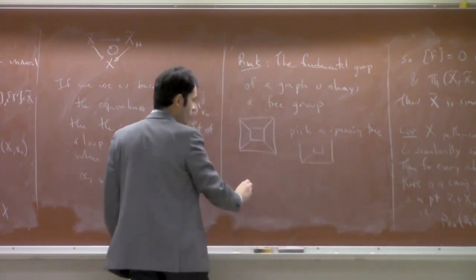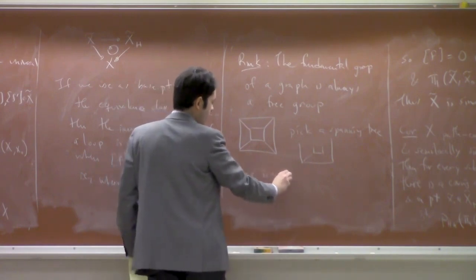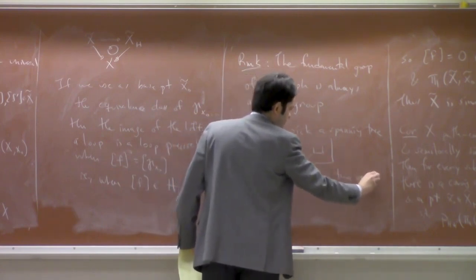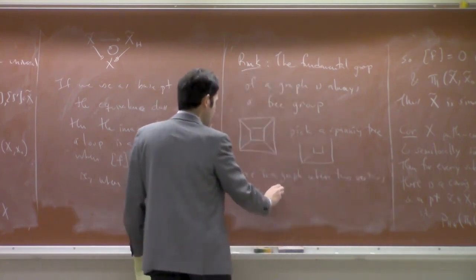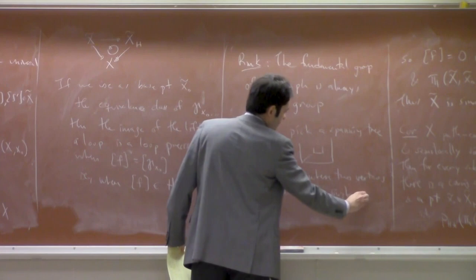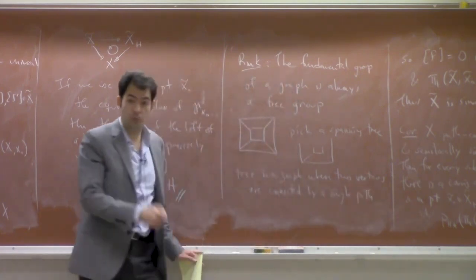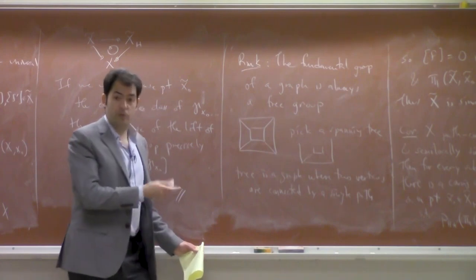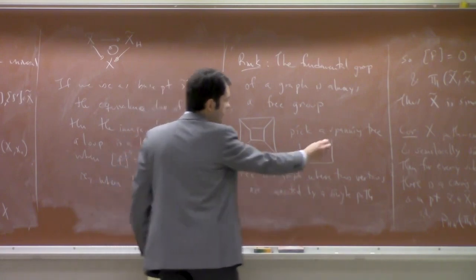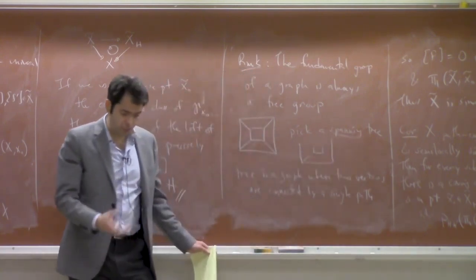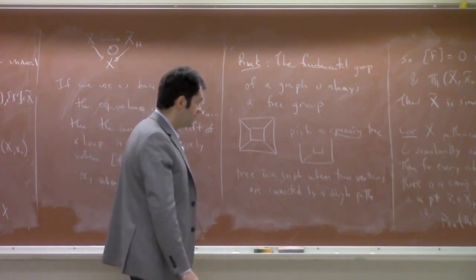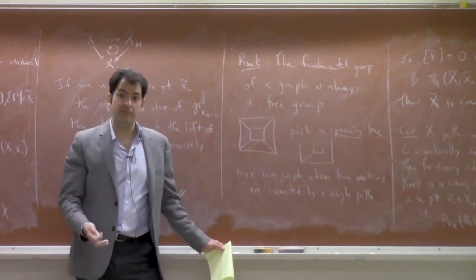So a tree is a graph where two vertices are connected by a single path. Right, so if you want to go from one vertex to another, there's only one way of doing that. There are no loops or anything, no circuits. And then spanning, what I mean is a tree that contains all of the vertices. So it's a fact that every connected graph has a spanning tree.